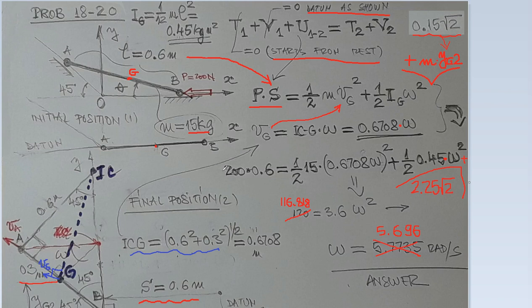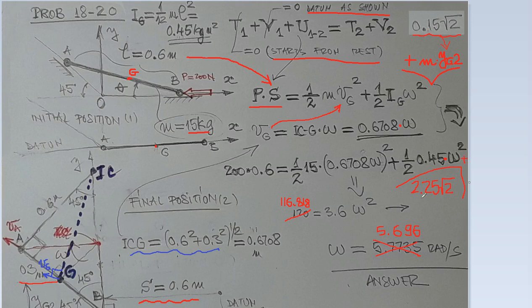So this left hand side is 120 minus 2.25 square root of 2, which makes 116.818 equals, this happens to be, if you keep all the decimals and square it, 0.45. So you have 1/2 15 times 0.45 times omega squared plus 1/2 0.45 times omega squared.